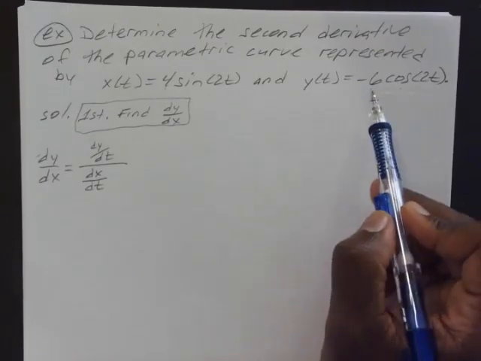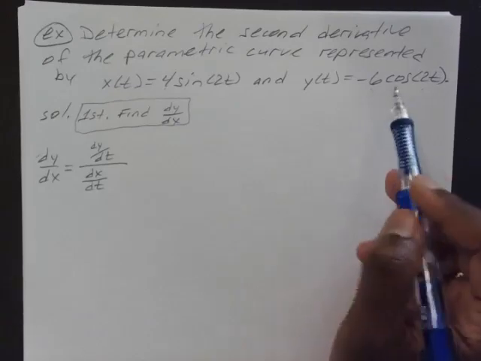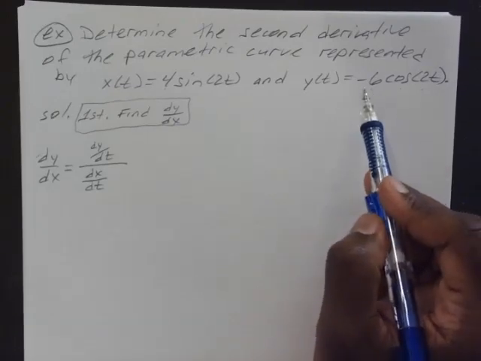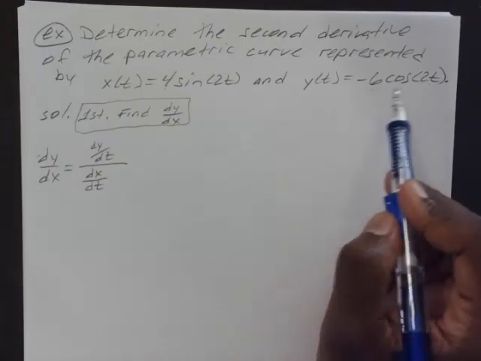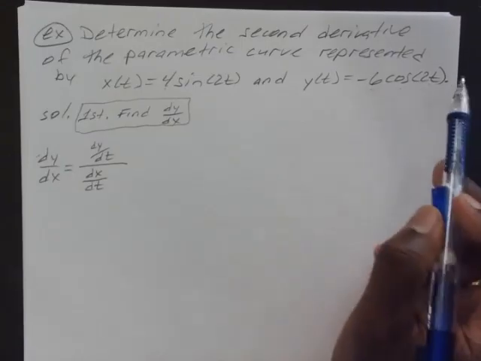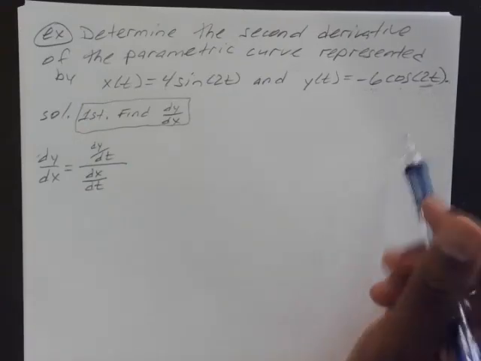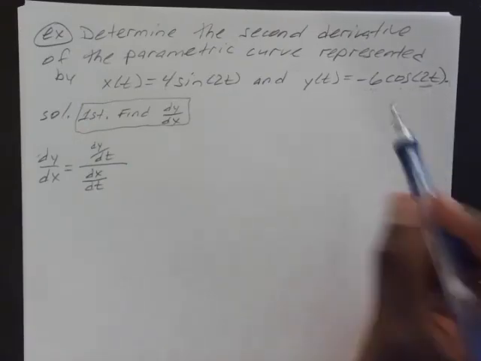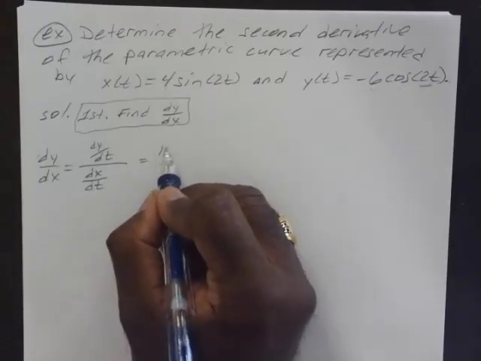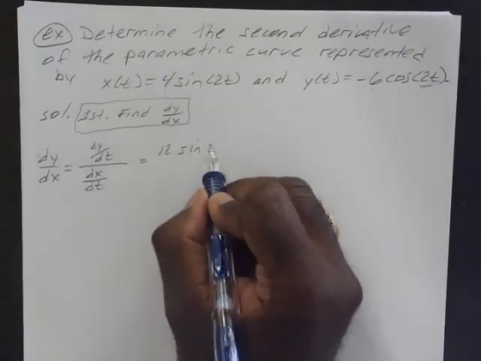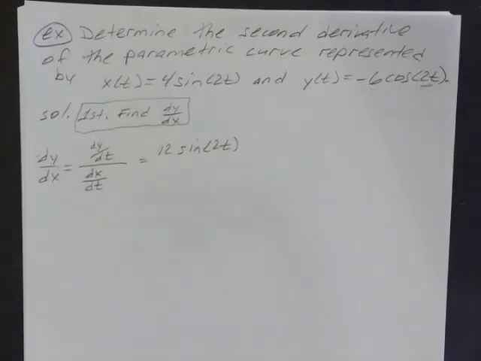So the derivative of cosine is negative sine. So we know that the derivative of cosine of 2t is negative sine of 2t times 2, because times the derivative of 2t. Okay, so that will end up being positive 12 times sine of 2t.